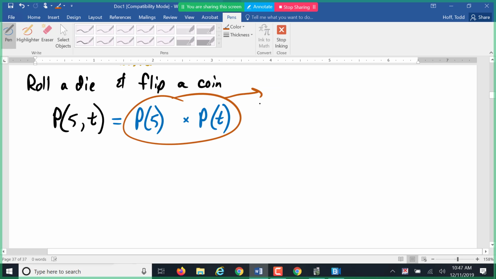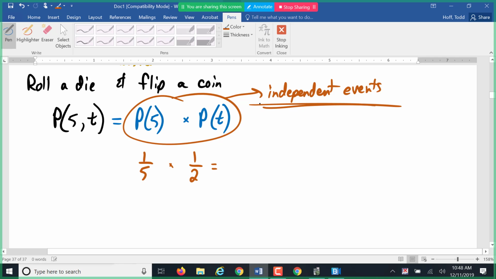These are independent events. What occurs on the first event does not affect the probabilities of the second event. Whatever that die comes up when we roll it, it's not going to change the probability of getting tails on the coin. So the probability of getting a 5 on the die is 1 out of 6. Probability of getting tails on the coin is 1 out of 2. So 1 times 1 is 1, 6 times 2 is 12, 1/12, or about a 0.08 probability.